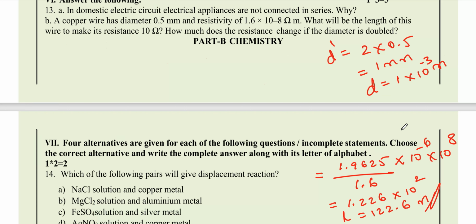Now again we want the new resistance, right? Then R dash equals rho L by A, since rho is constant, length is also constant.